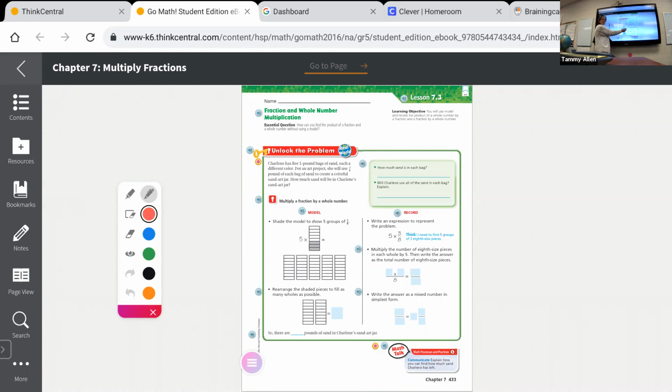Here's your 5 groups, and you would have filled in 3/8 of each. Then you come down here and transfer all of them down into one picture. Does that make sense?